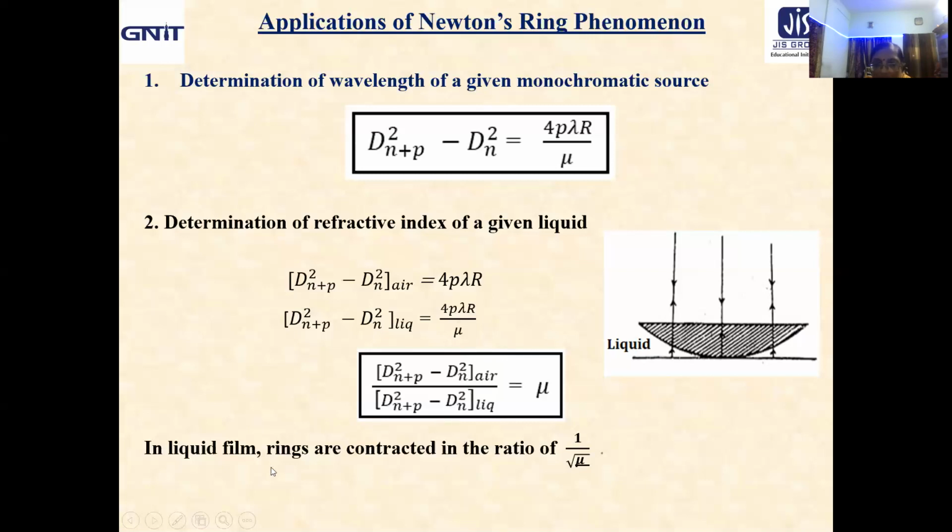That means diameter will be inversely proportional to square root of mu. So, for mu of any material medium more than 1, naturally the rings are found to be contracted in the ratio of 1 by square root of mu. Here, problems may come as well as questions may be asked.